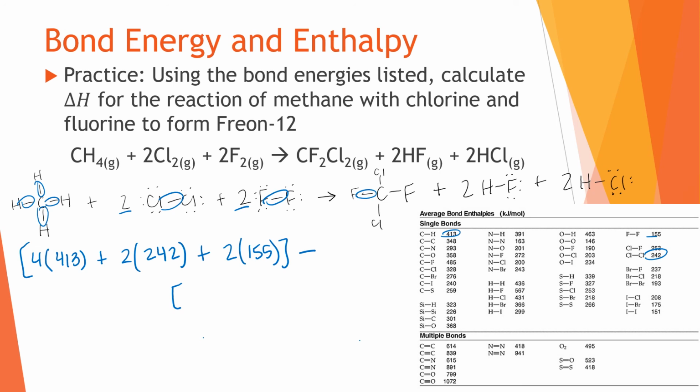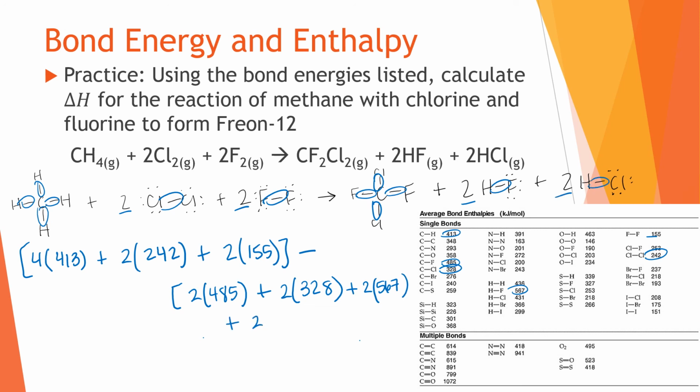In this molecule, I have 2 carbon-fluorine bonds, which are 485 each. Then I have 2 carbon-chlorine bonds, which are 328 each. Then I have 2 hydrogen-fluorine bonds, which are 567 each, plus 2 hydrogen-chlorine bonds, which are 431.